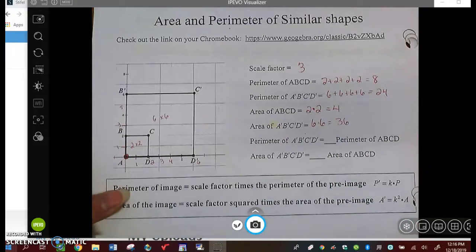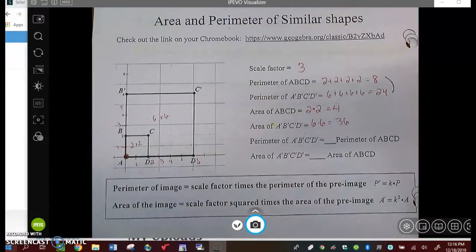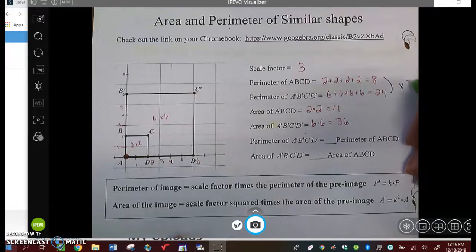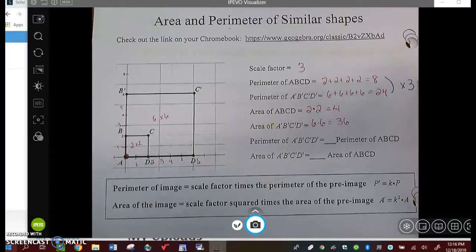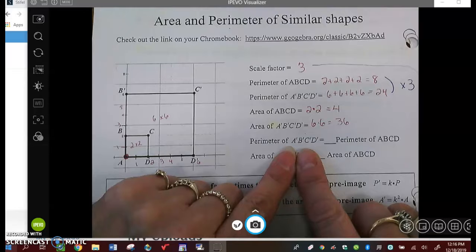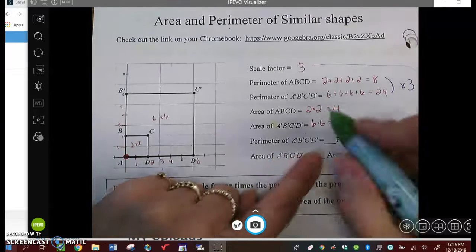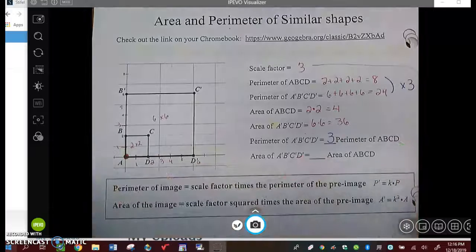All right, now I want you to stop and think about something. I want to compare these two perimeters. A way to get from 8 to 24 is to multiply by 3, and you notice 3 is the same as the scale factor. So the perimeter of your larger square, which is 3 times as big, is going to be 3 times the perimeter of your pre-image.